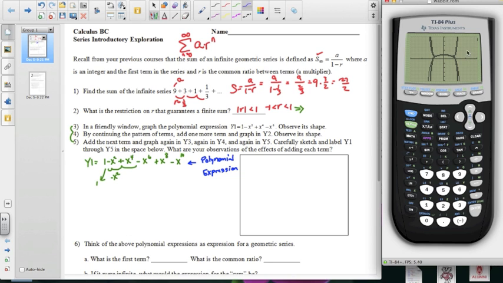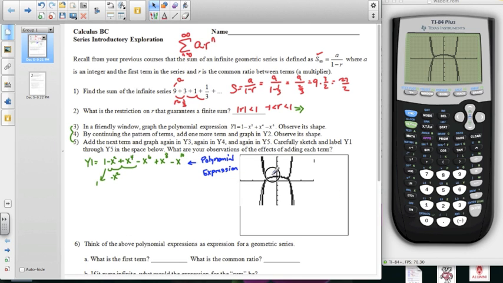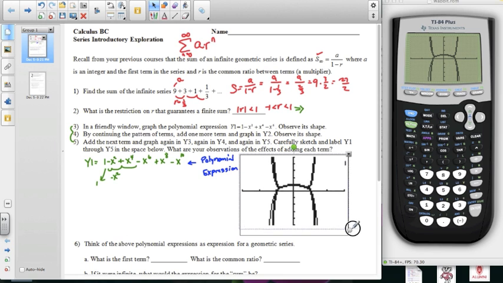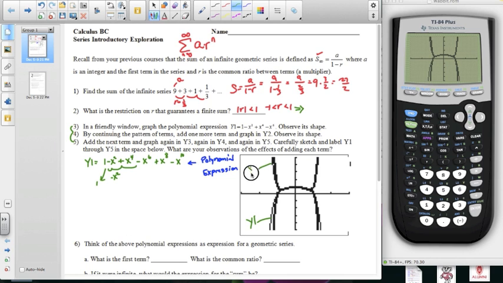There we go. We can start to see that we have this oscillation between, we have our y1 here, and then our y2 is this skinnier one here, then our y3 is here, and our y4 is here.